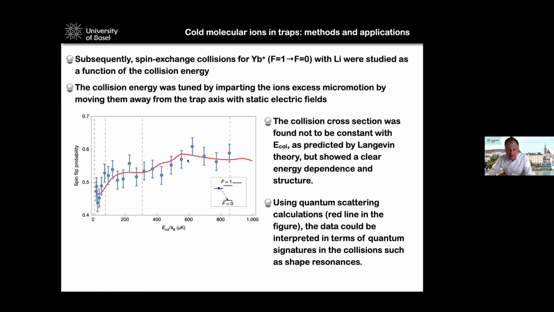In this case, so-called resonances, which modulate the spin flip cross section at certain collision energies. So this is a very nice experiment, a heroic feat, where they really managed to drive ion-atom collisions to very low energies and start seeing quantum features in ion-atom collisions.